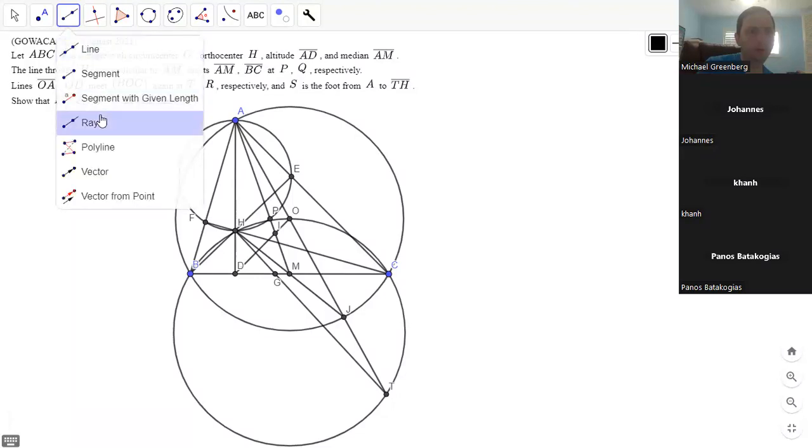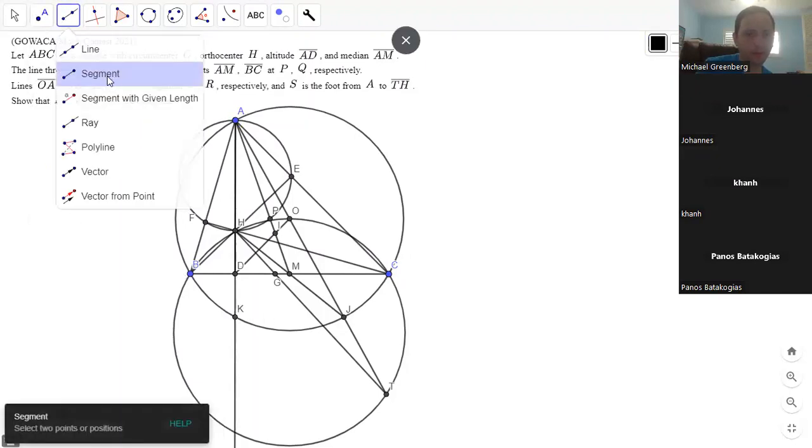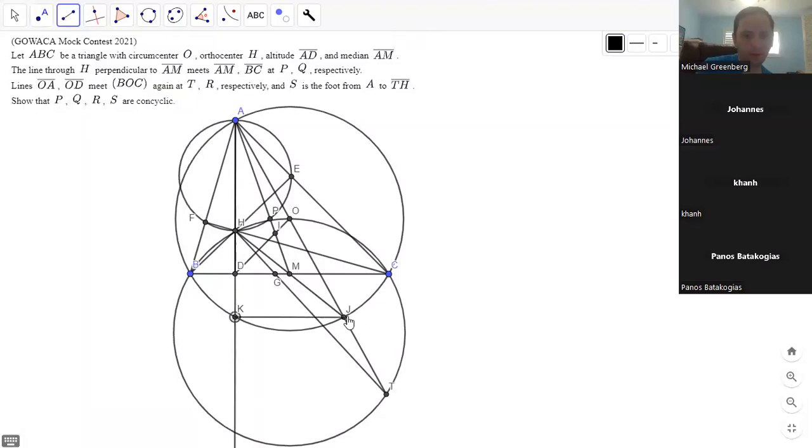So I wonder if we should try to do this. So this meets the circle at a point. So DG over GM would be like KW over WJ.